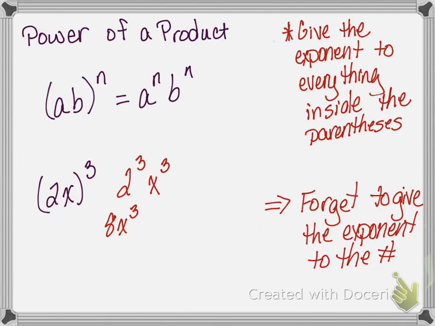Okay? What operation is happening between A and B right here? Between A and B and between 2 and X? Multiplication. So the power of a product only works when you're doing multiplication.